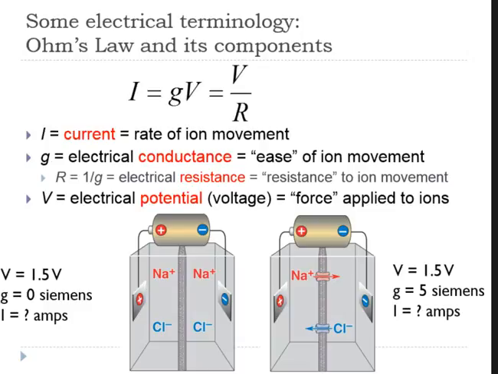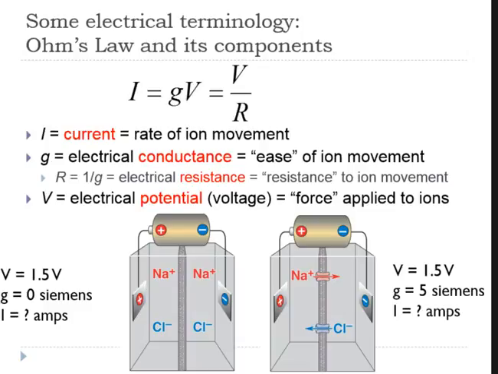If we're talking about a biological membrane and we're interested in what should happen as we open channels, you should be able to apply this equation, at least on a conceptual basis, and say, okay, if we open channels, we're going to increase the conductance of that ion across the membrane. And so as long as there's a voltage, a charge difference, then we should get flow of ions. We should have a current moving across the membrane.